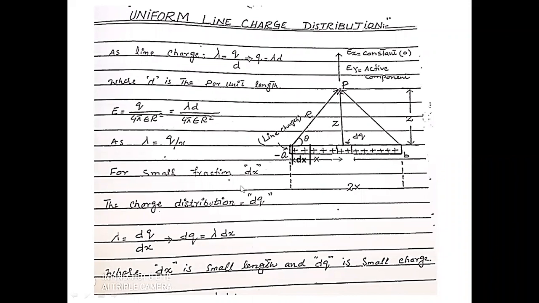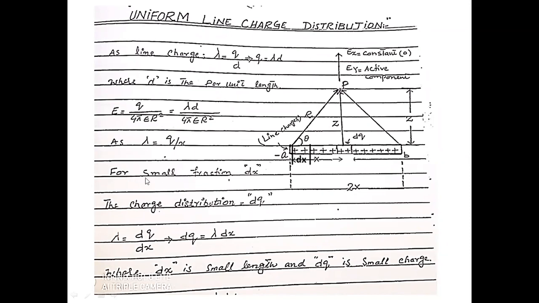At the end we will consider the whole charge by taking the integration. You may notice this procedure in your bachelor and even in the FSc: at the start we consider small fractions, then at the end we apply integration to cover the whole length, area or volume.